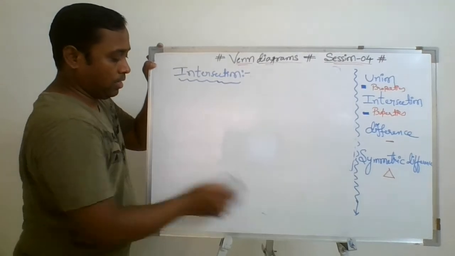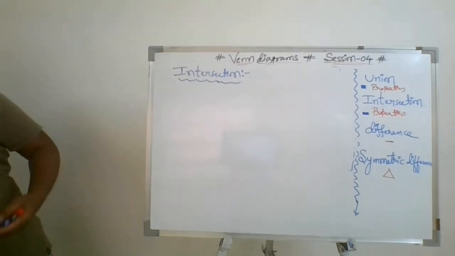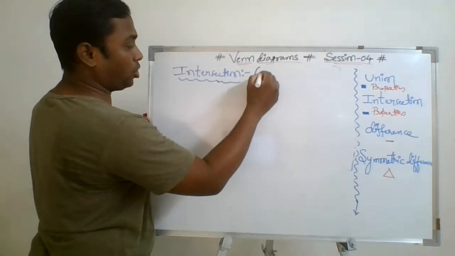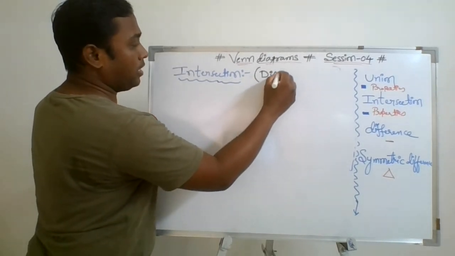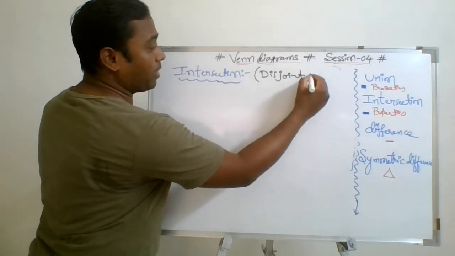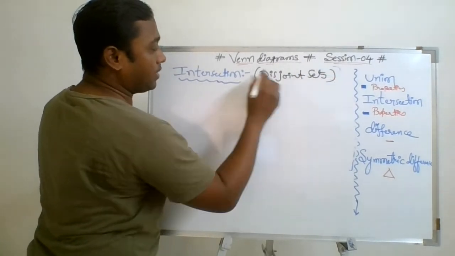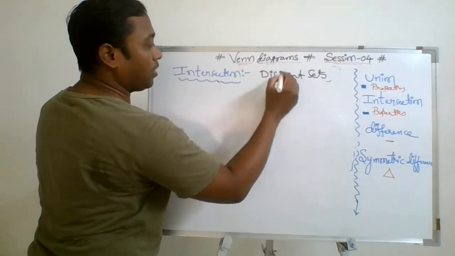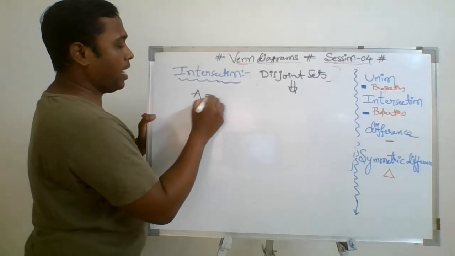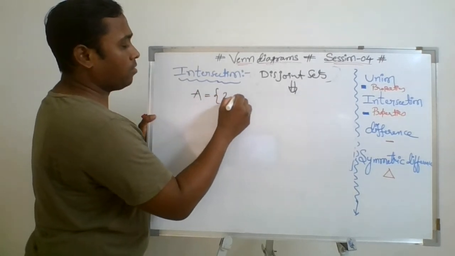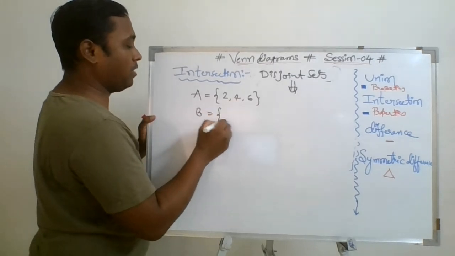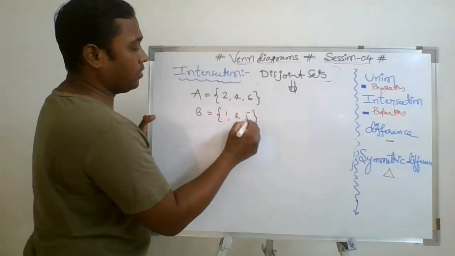Now, what are disjoint sets? It is a type of sets you can understand with the help of intersection only. There is no joint, there is no common. What are disjoint sets? Here, if set A has the elements, let us say, of even numbers 2, 4, 6, and set B has the elements of odd numbers.